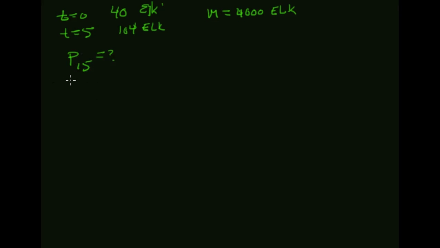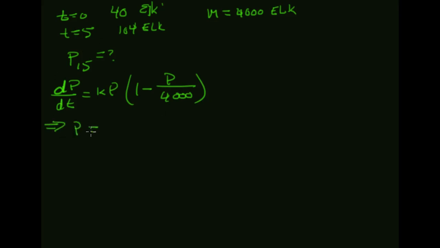All right, so we're going to assume logistic growth here: dp/dt is some constant times p times 1 minus p over 4,000, right? Now we know from what we just did that p should equal 4,000 over 1 plus c times e to the negative kt. That's pretty straightforward.